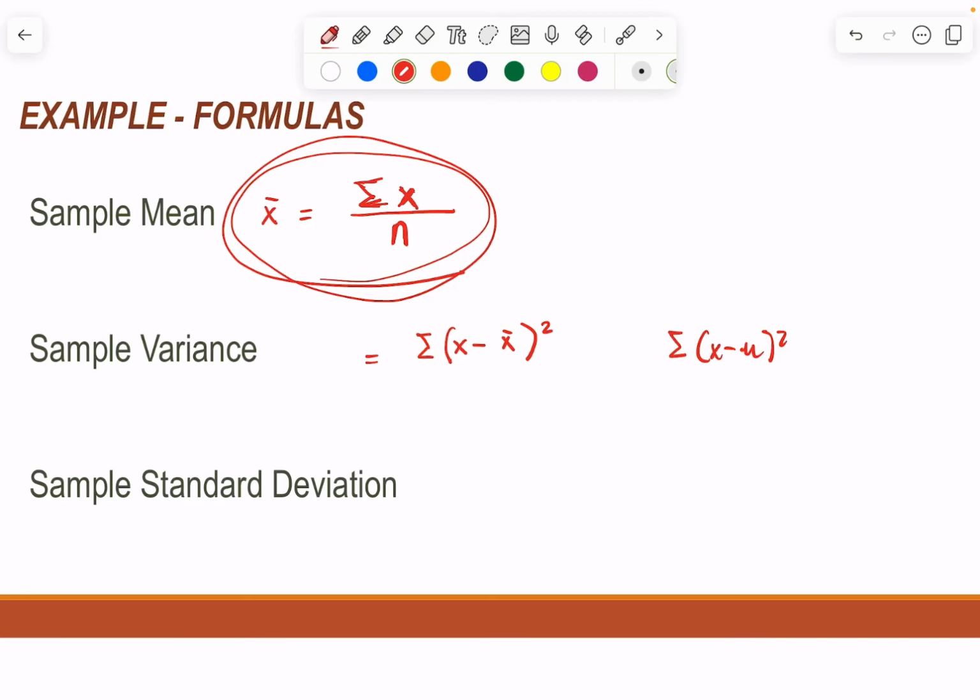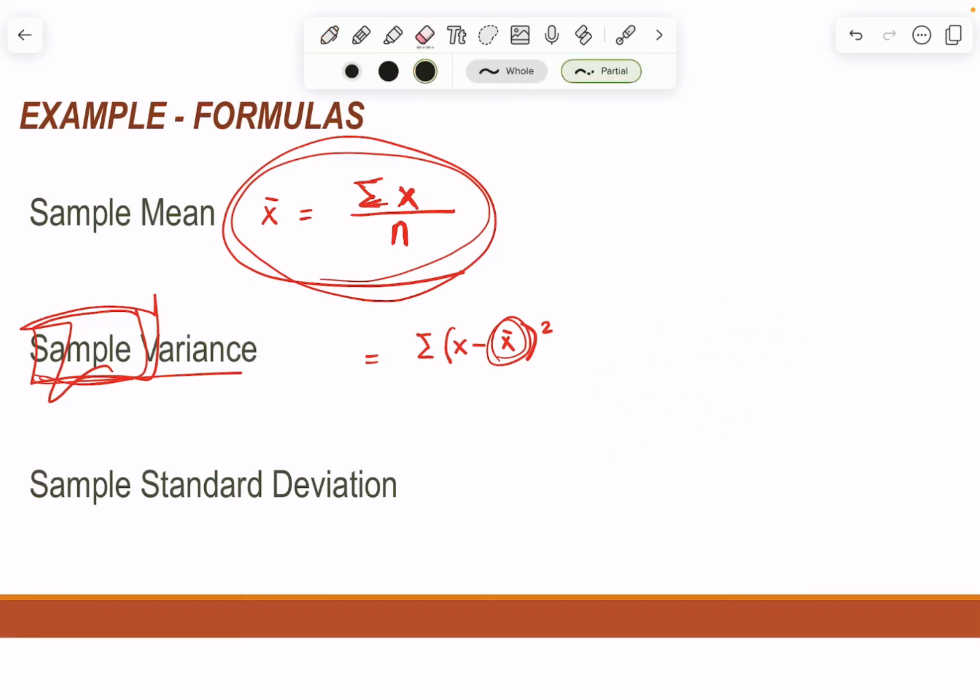So, pag abot diri ni sample variance, ato siyang usbon. Ang mausab siya from mu into x bar. Because sample naman siya, sample variance. So, x bar na ang ato ang gamiton. So, this will be the formula for sample variance divided by n minus 1.